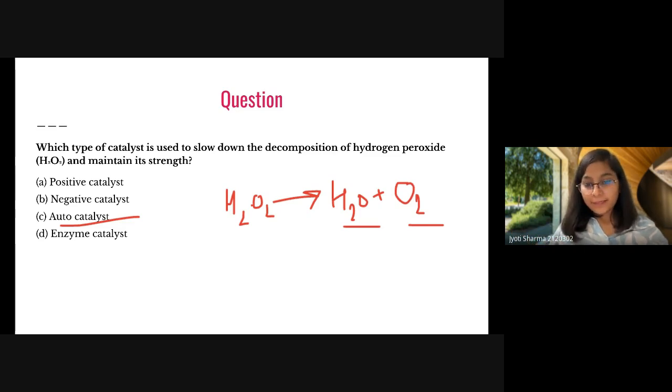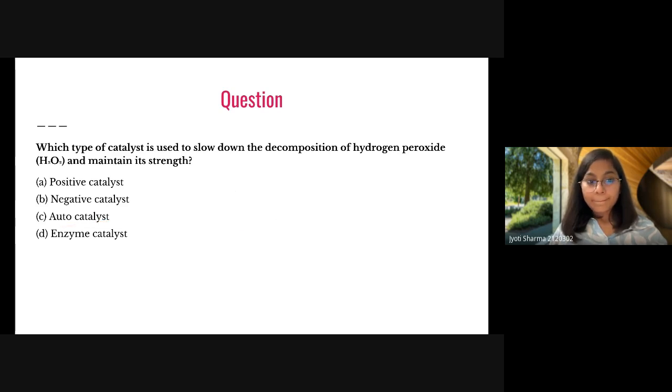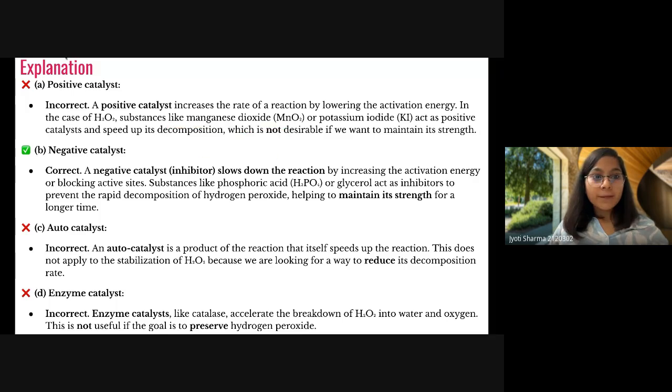Yes, B is the right answer. So yes, the negative catalyst will slow down the reaction. If it would be an increment, then this would be the positive. But if it is the negative catalyst, then this will slow down, right? So I have some explanation about this. If it is the positive catalyst, then this will increase the rate of reaction. If it is the negative catalyst, that will slow down the reaction.